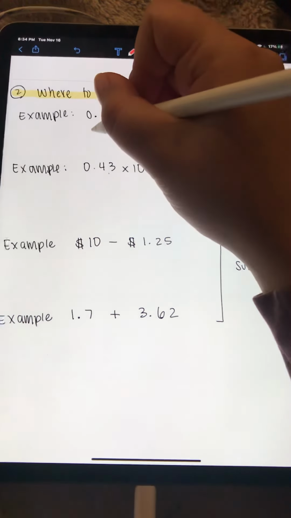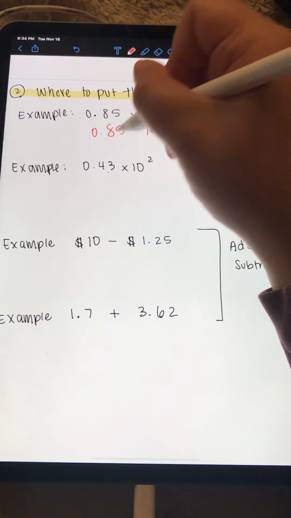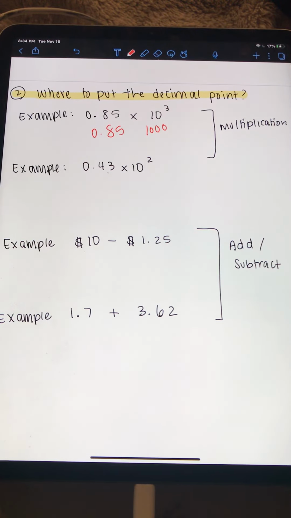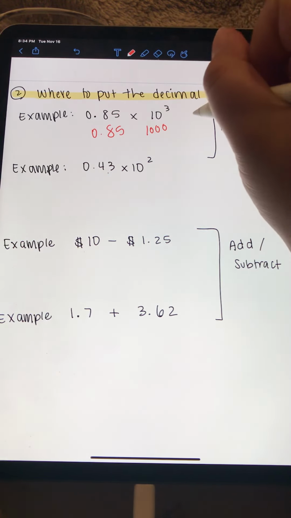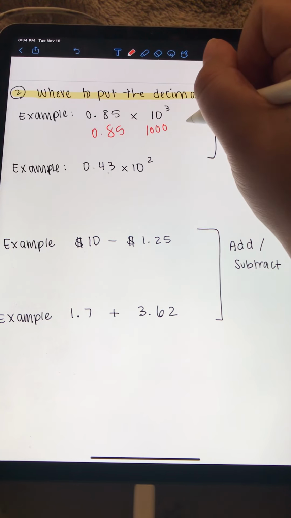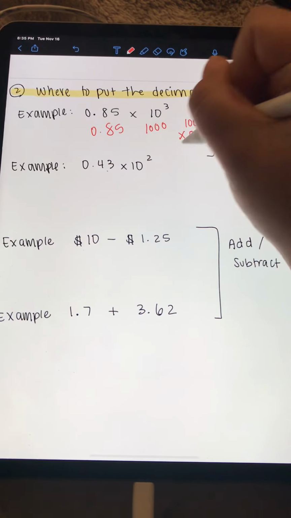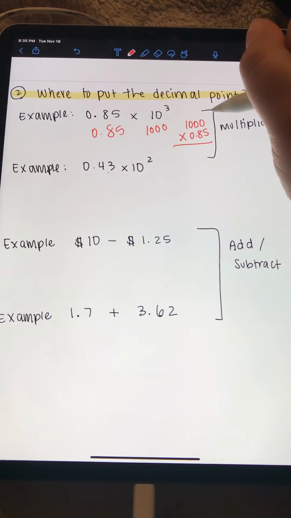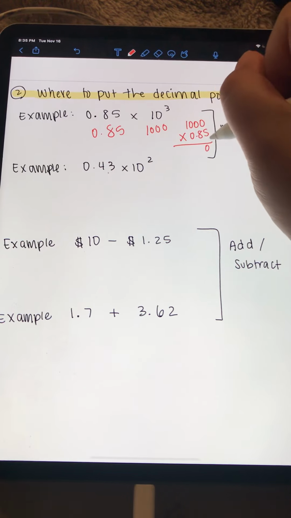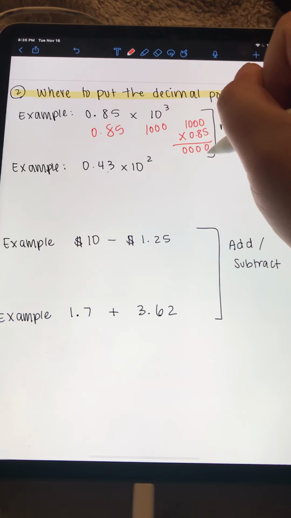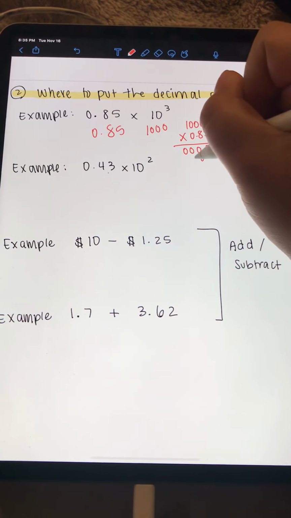And then you would do 0.85 times 1,000. And you would write it out in standard form. So you would do something like 1,000 times 0.85, and it kind of got messy because you would start doing 5 times 0 is 0, 5 times 0 is 0. You would add all these zeros, right?